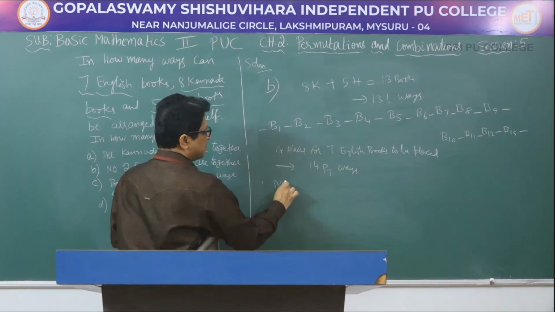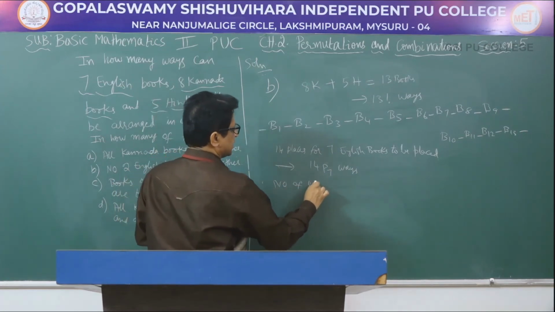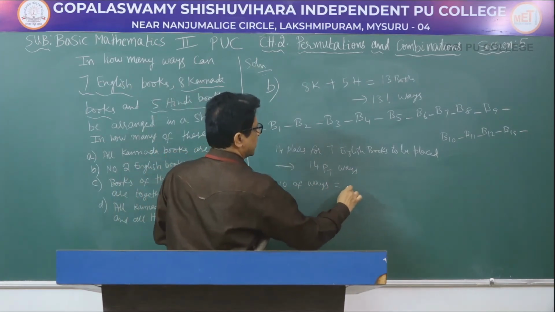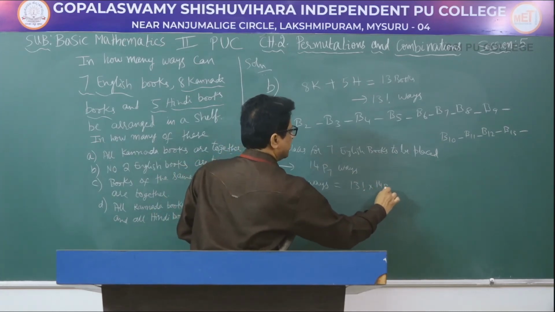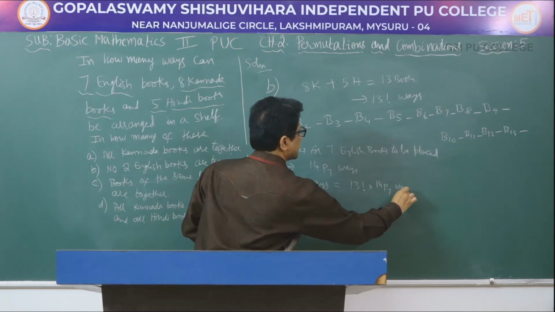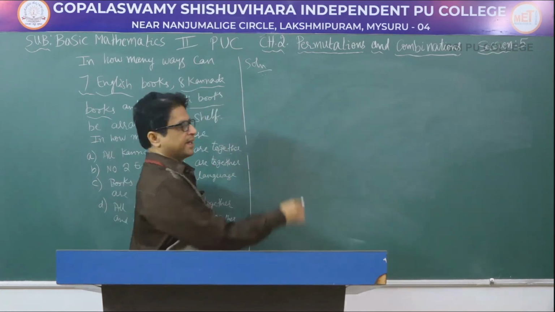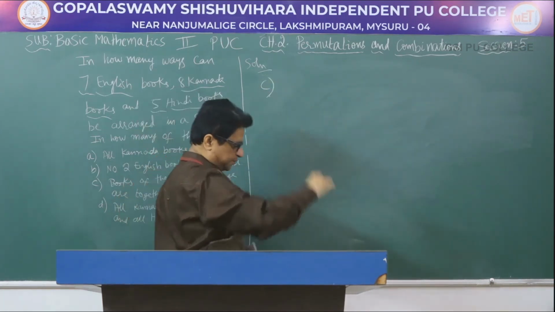Therefore, number of ways will be equal to 13 factorial into 14P7 ways.